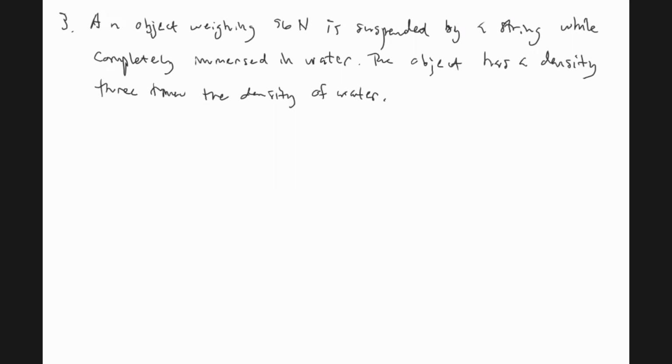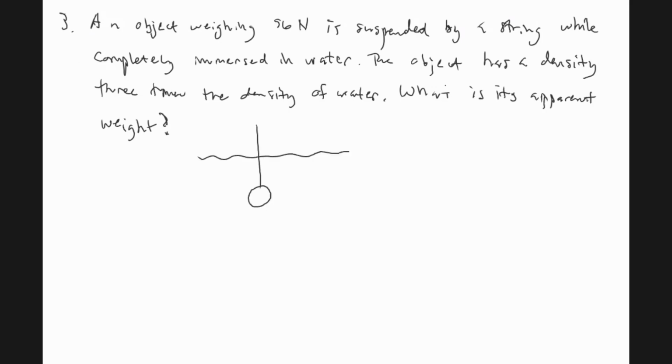I want to know what is its apparent weight in this solution. So be able to draw yourself the picture of what's happening. We have an object that's suspended by a string underneath water. Okay. Find me the apparent weight.